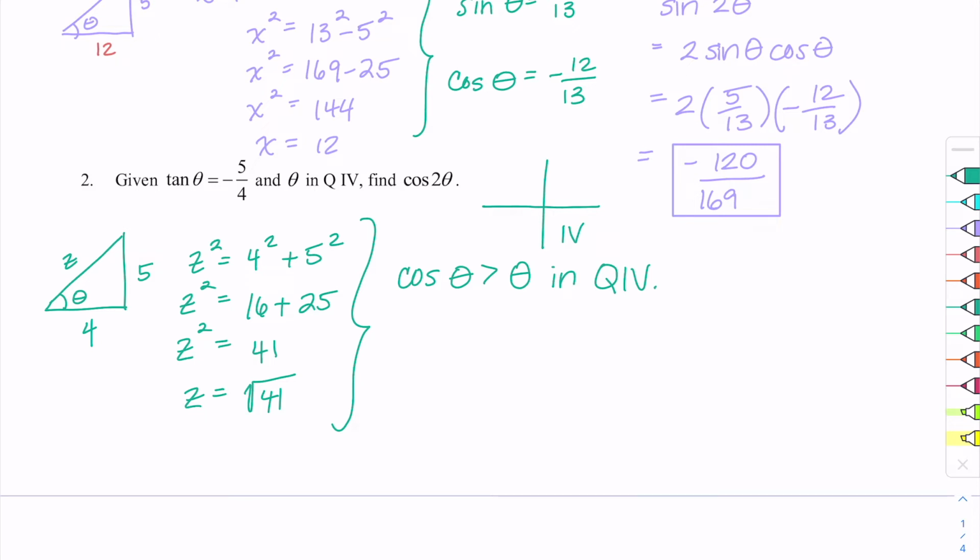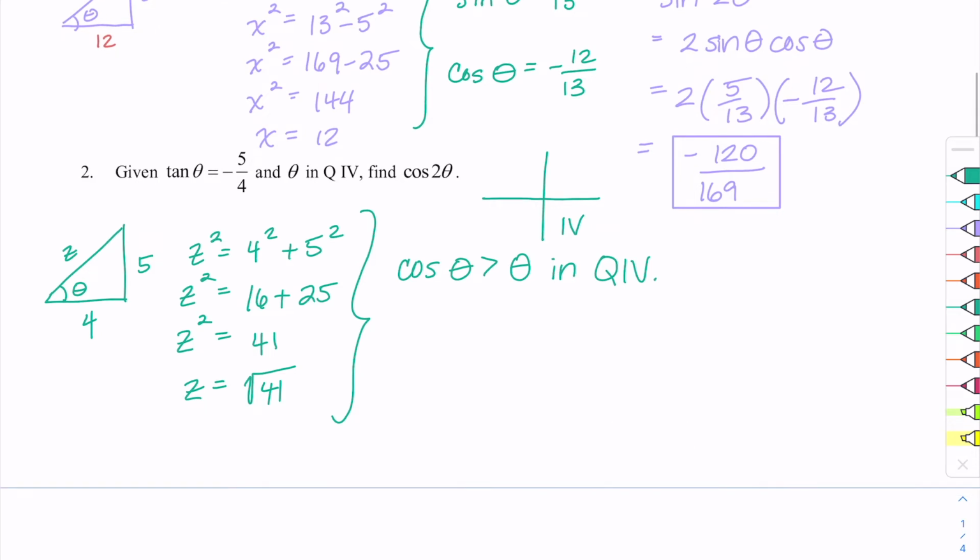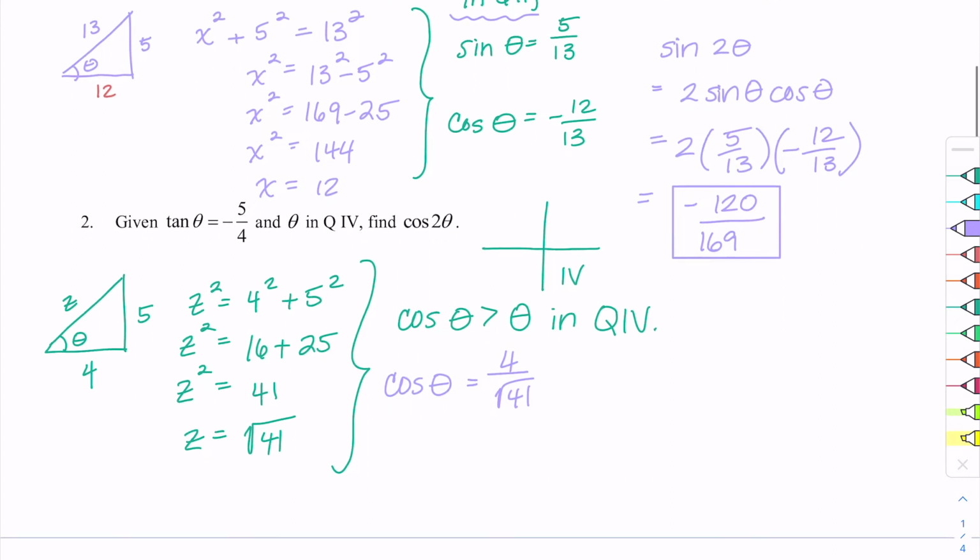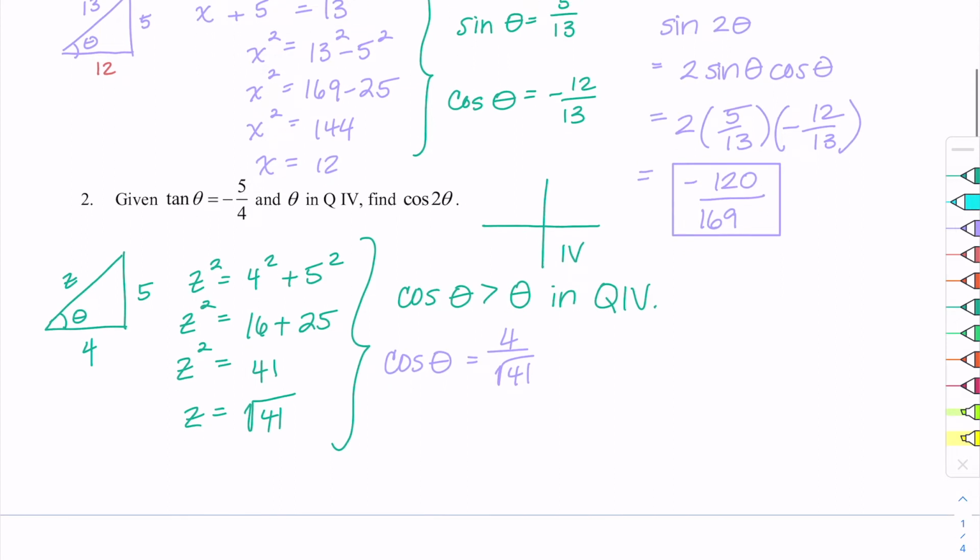Okay, so now let's go ahead and find the cosine of theta. So the cosine of theta is adjacent over the hypotenuse, 4 over the square root of 41. And that's positive.